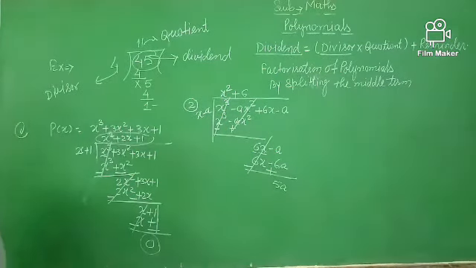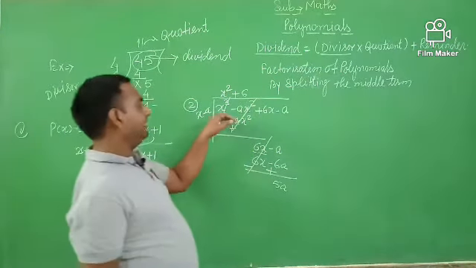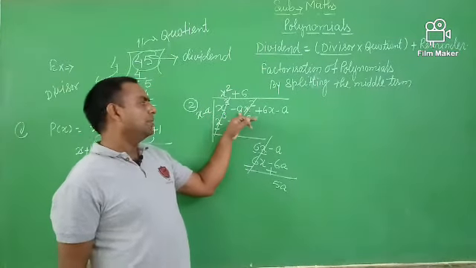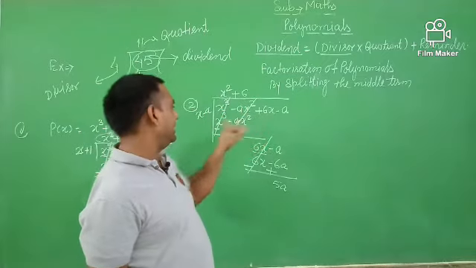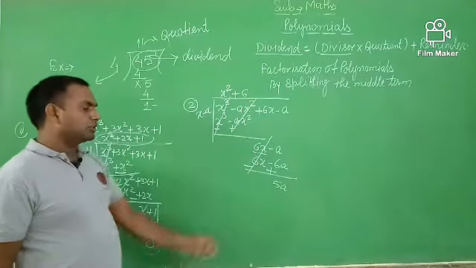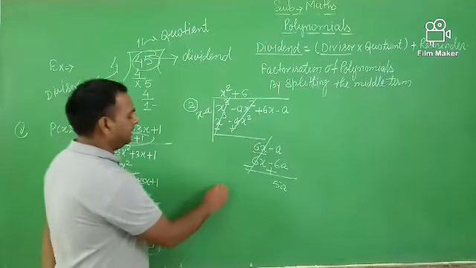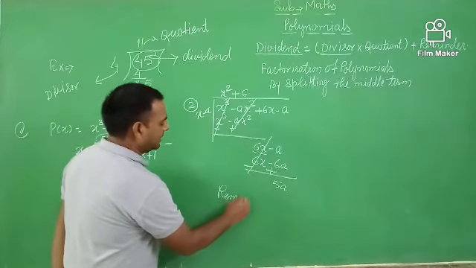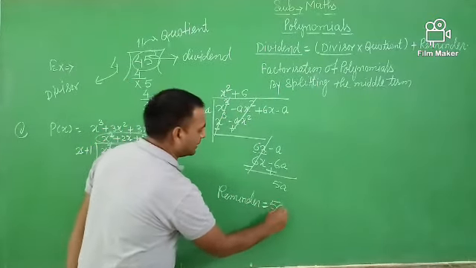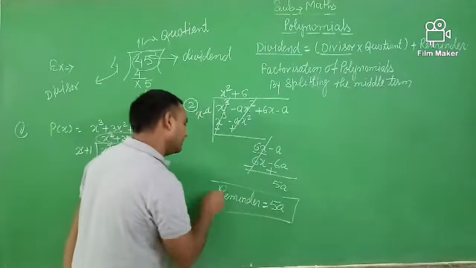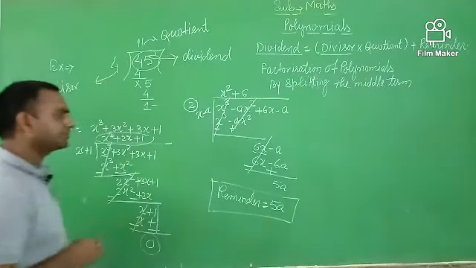Here the value is 5a, so this is the remainder when you divide the polynomial x cube minus ax square plus 6x minus a by x minus a. So the remainder is 5a.